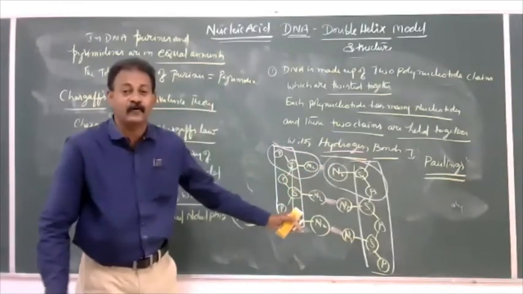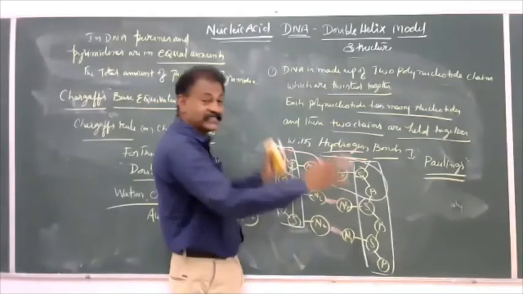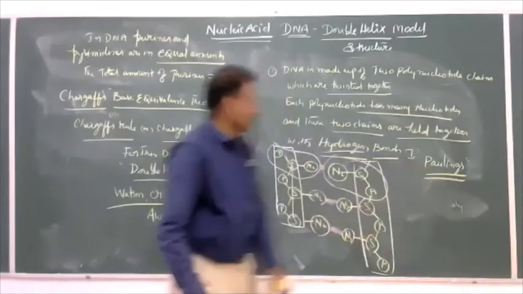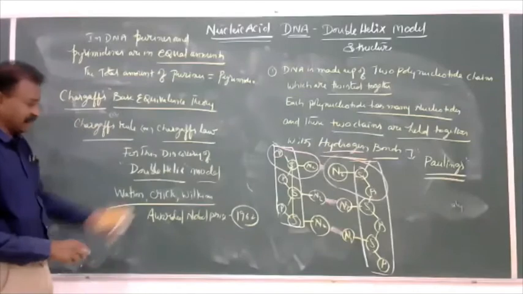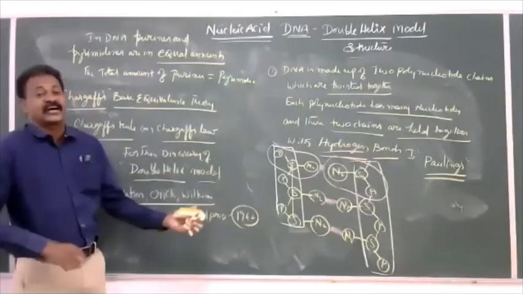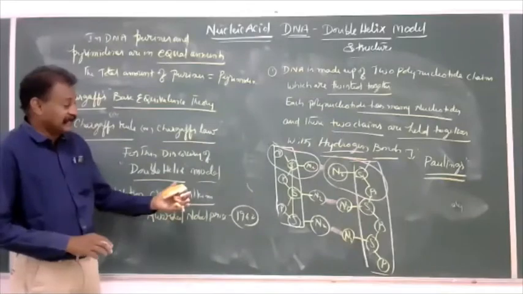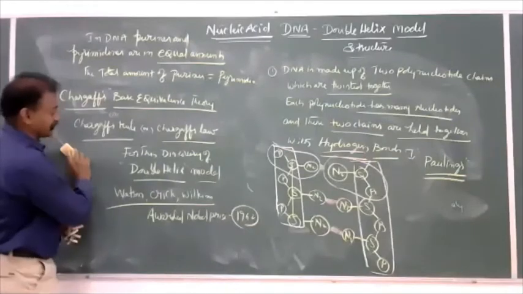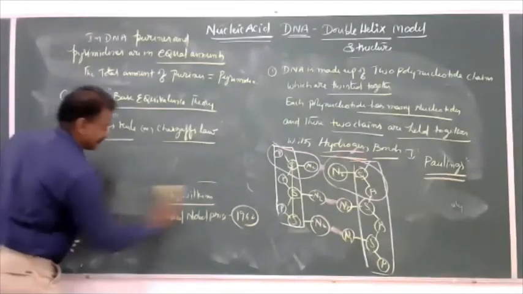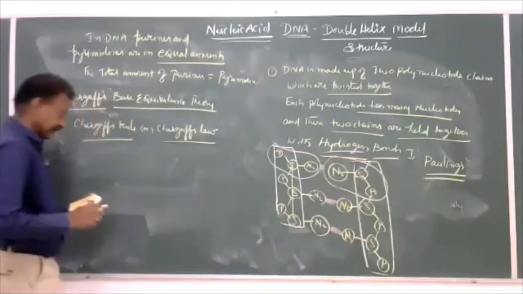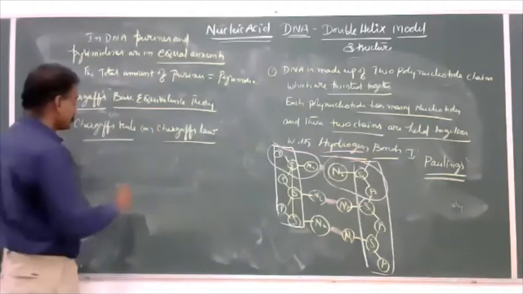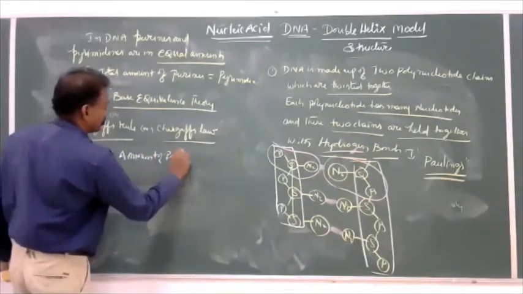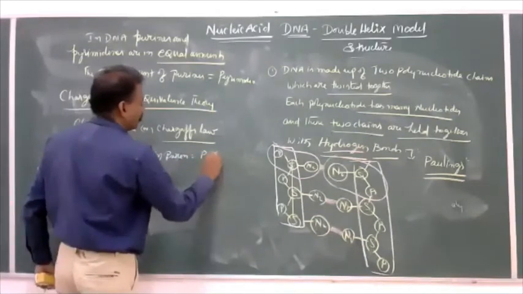Because of hydrogen bonds, these two chains are held together, which was proposed by Pauling. Let us see the detailed information regarding Chargaff's principle and the structure of the DNA, two polynucleotide chains. Chargaff's principle says that in a given amount of DNA, the amount of purine is equal to pyrimidines.